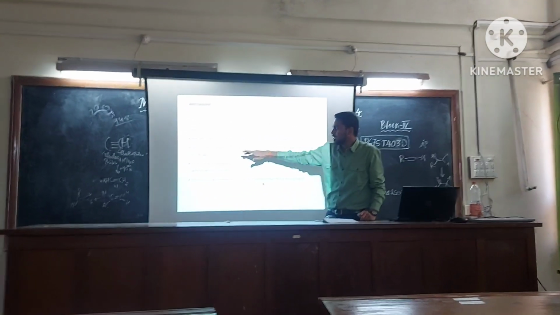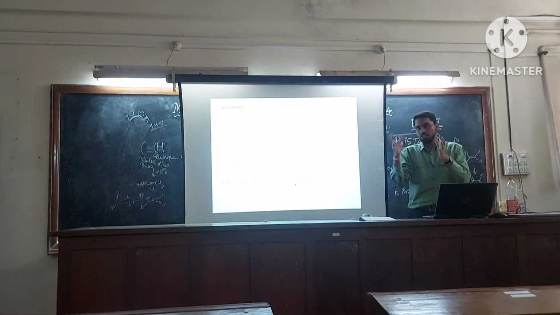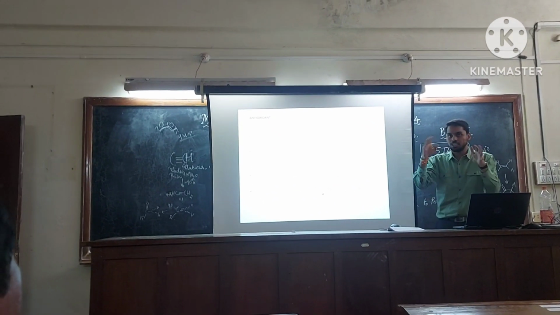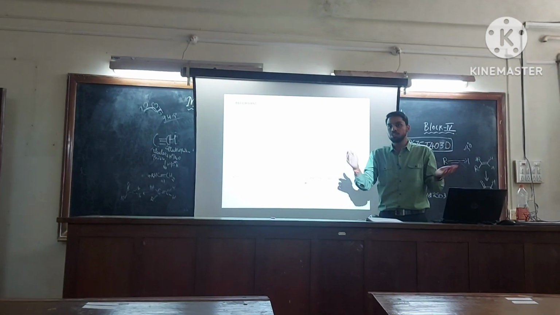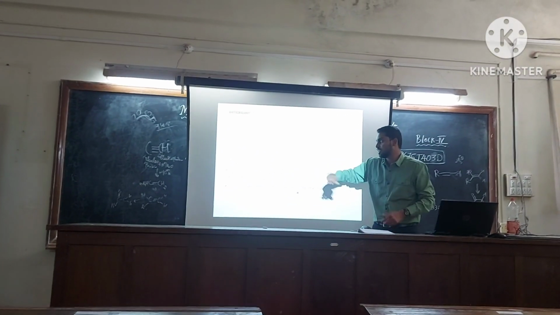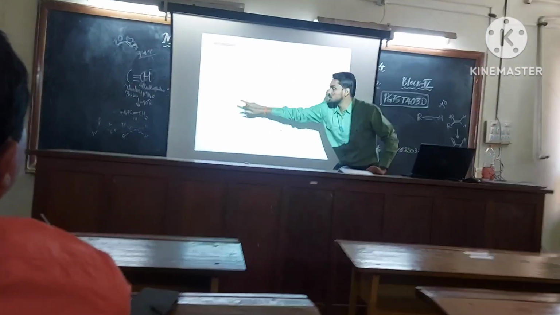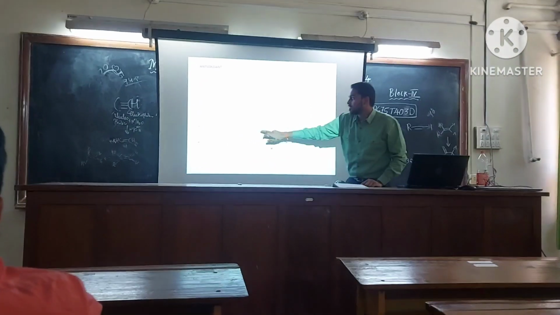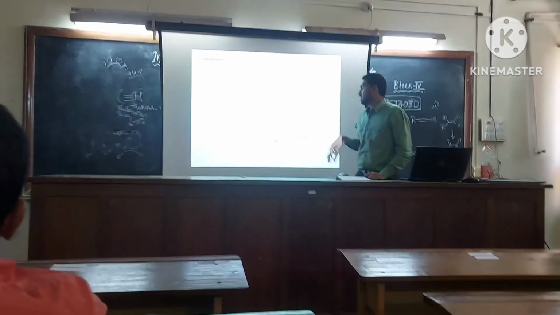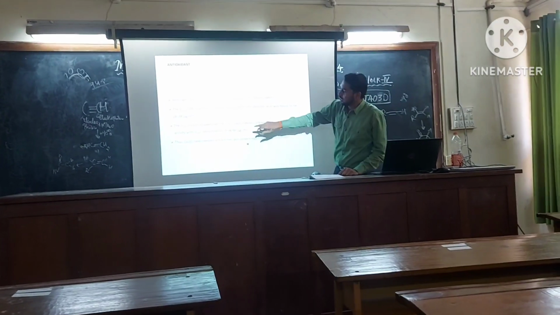IC50 is nothing but the amount of drug that we need to give to that particular organism or compound in order to neutralize 50% of what is present. The IC50 for ascorbic acid was around 26.38 microgram, but the IC50 for the copper oxide nanoparticles that we prepared came to around 94.80. It is way greater than this.